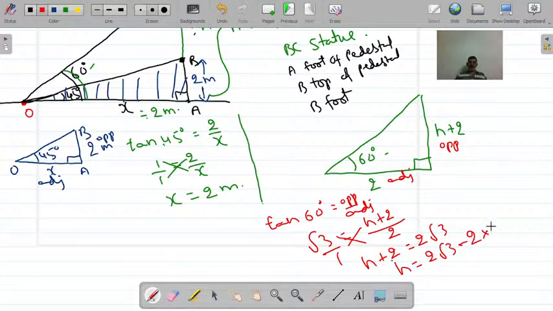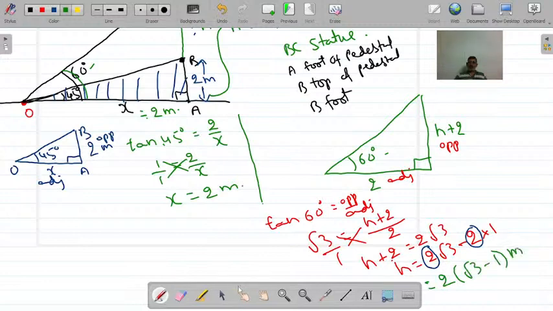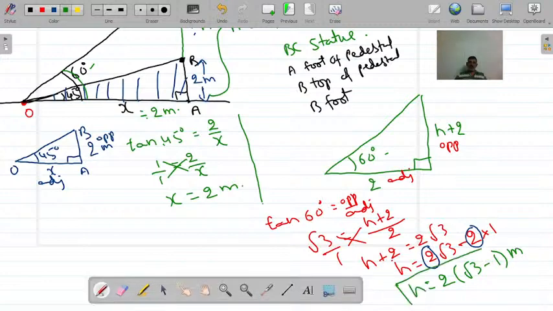Again 2 means 2 into 1. You can take this 2 common in these two. Clearly you can see that this 2 is common. So if you take it common, then what you are going to get? 2 times of (root 3 minus 1). This is the height of the statue. Therefore height of the statue is equal to 2 times of (root 3 minus 1) meters.